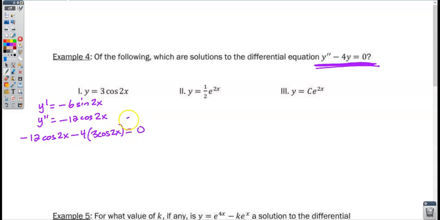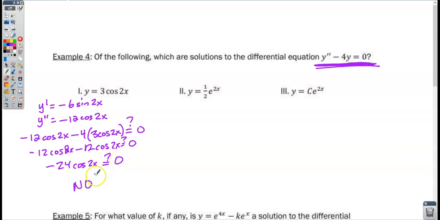And our question is, is that equal to 0? When I distribute this out, I get negative 24 cosine of 2x on the left-hand side. And so no, this is not a solution to the differential equation.